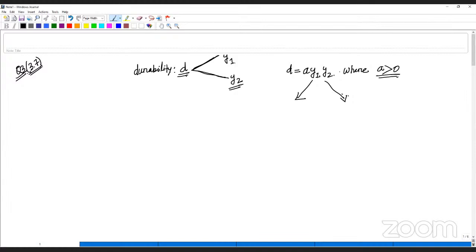The first thing given is that D is a function of y1 and y2, right? Yes. The next thing given is that y1 and y2 are also functions of x, the plastic, right? Yes. So let me draw the graph.